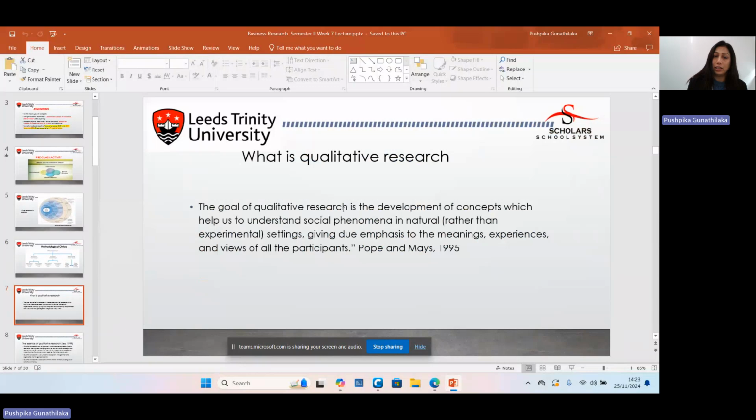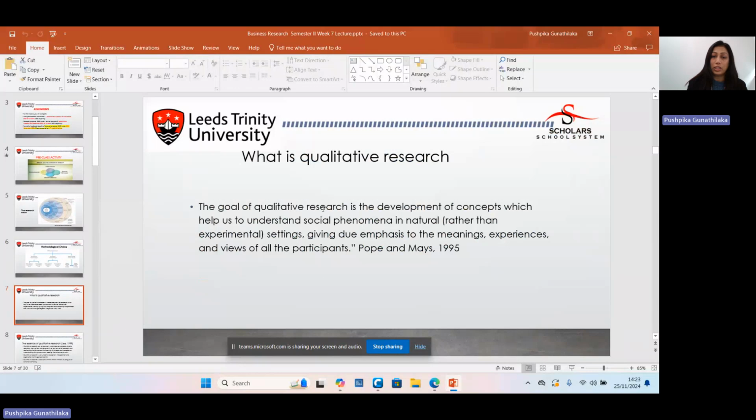So what is qualitative research? In qualitative research, you're trying to explore something. You're trying to develop more ideas about some phenomenon, some concept, some idea. So you are trying to explore something, find more information about your research problem to find answers for that.